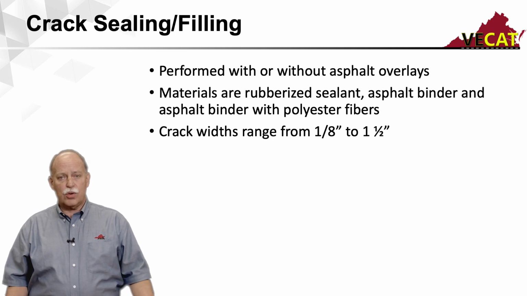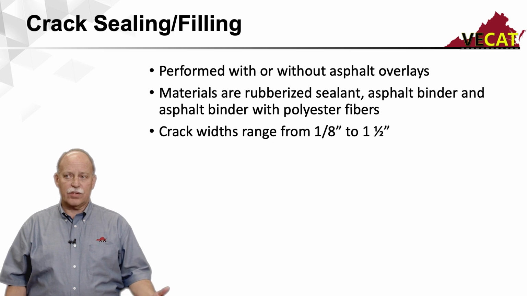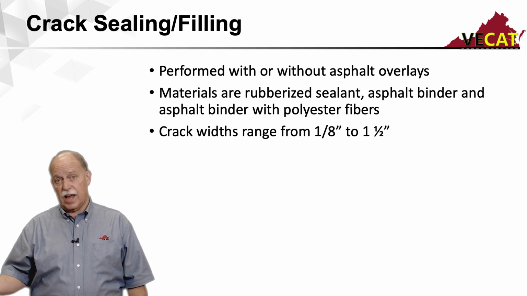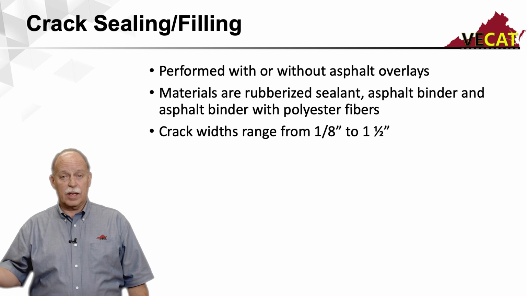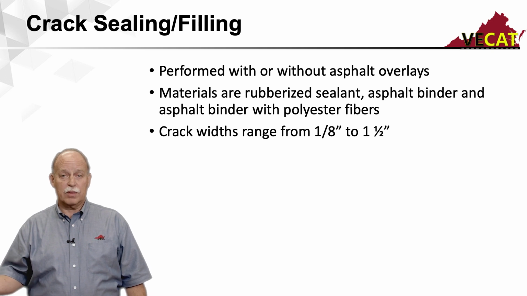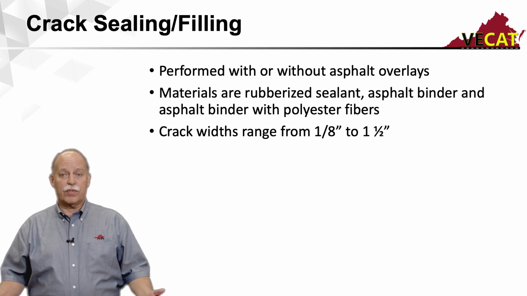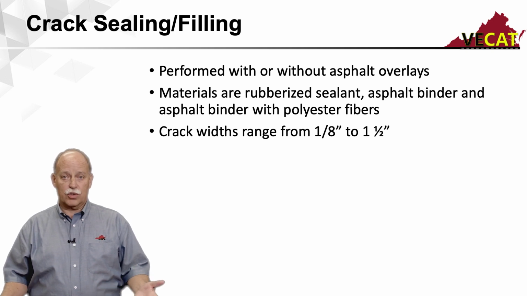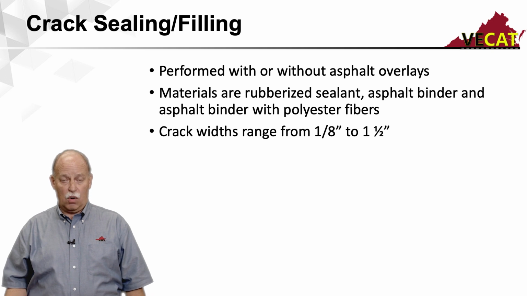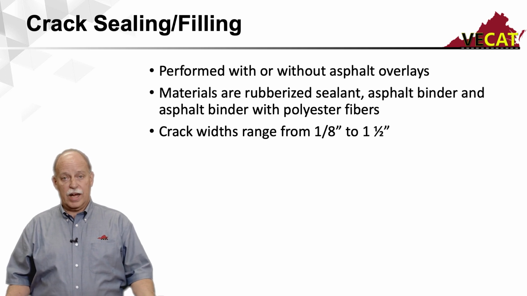And they're usually used for cracks that are widths between that 1/8 of an inch, maybe up to 1.5 inches. 1.5 is pushing the limits of how wide a crack should be when you're doing crack filling or crack sealing. Because as you get wider, you can imagine that becomes more difficult for that material to actually adhere and to maintain a sealed condition when it's that wide. So you're trying to keep cracks that are fairly small and try to catch them as early as you can when you do crack sealing.